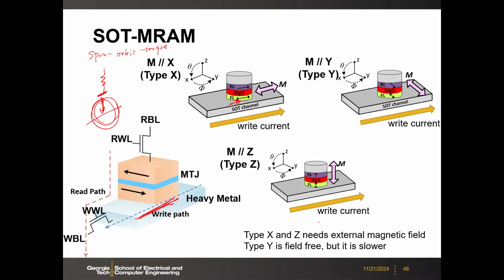This red current is going to generate the torque, which is injected into the free layer due to this spin orbit effect. Again, it's quantum mechanics, so we will not go into the details. But the advantage is that this switching could be pretty fast, even faster than STT. For STT we said a few nanoseconds; this one could be below 1 nanosecond.